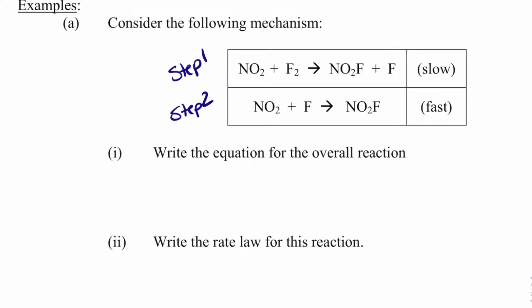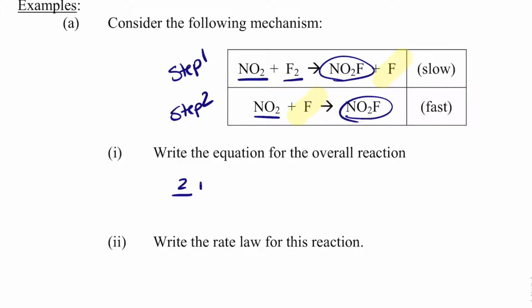So I know I start out with NO2 and F2, and then I produce NO2F and just F. And it turns out that F is reacting in the next step. So F is what we call an intermediate, and it looks like we then add in another NO2, and we end up producing 2 NO2F.